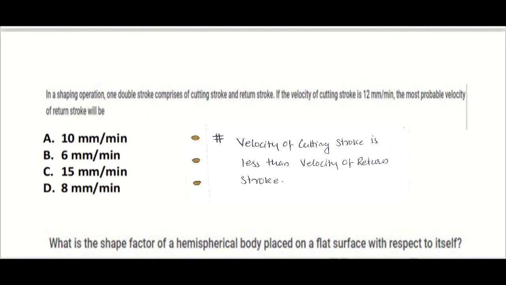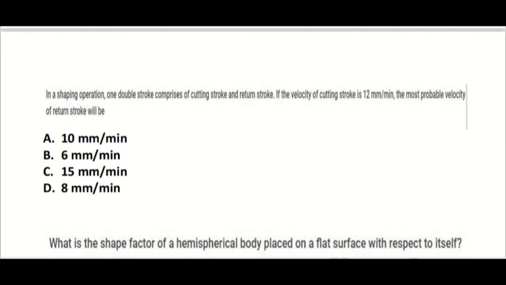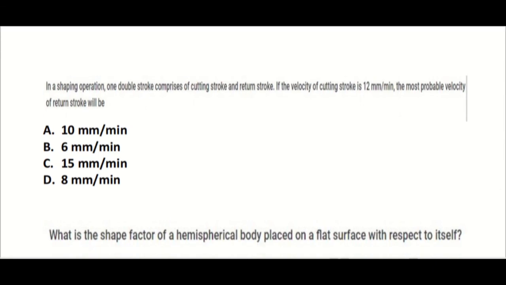So from the options we can find the velocity of the return stroke. The velocity of the return stroke will be more than 12. The only option is C. That will be equal to 15 millimeter per minute. That is the right answer.